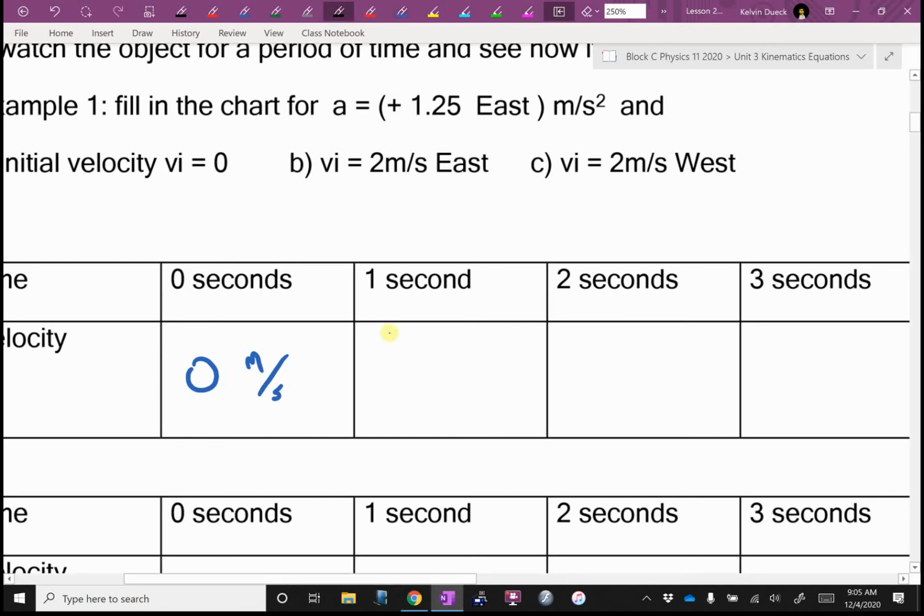I'm going to argue that, after 1 second, it's going 1.25 meters per second, because that's what its speed is changing by every second. It's still increasing its speed by 1.25 meters per second per second. So how fast do you think it's going after 2 seconds? I think you're right. 2.5. Yep.